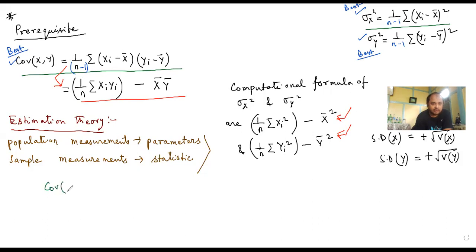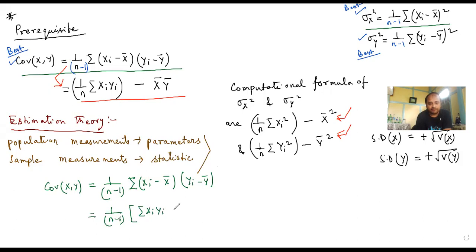For covariance xy, if you use the formula where the summation of (xi minus x bar)(yi minus y bar) is divided by n minus 1, let us simplify this expression and see what comes out. We get summation xi yi minus x bar summation yi minus y bar summation xi plus x bar y bar.